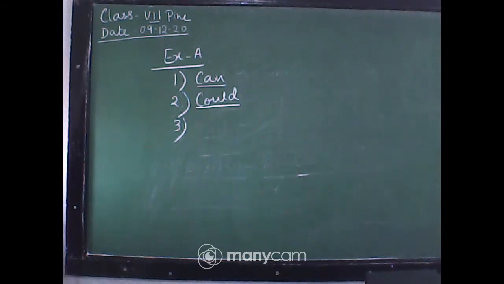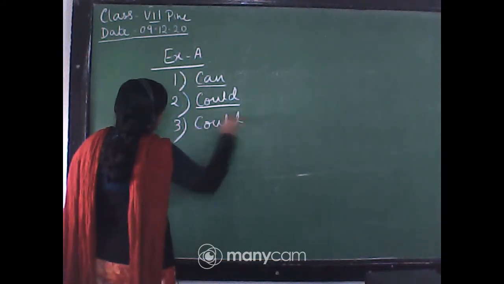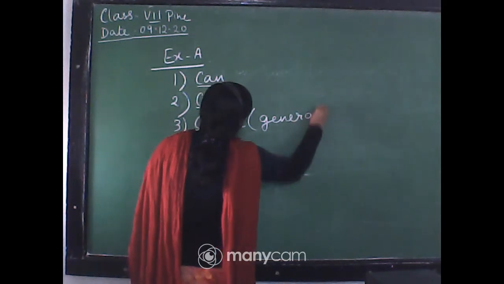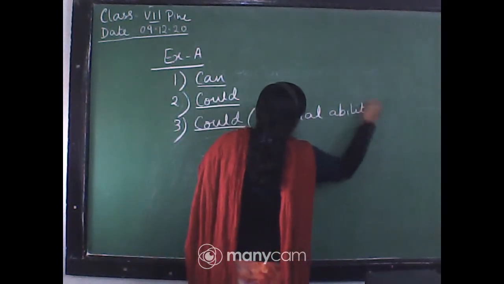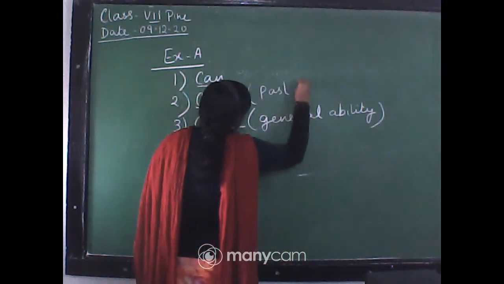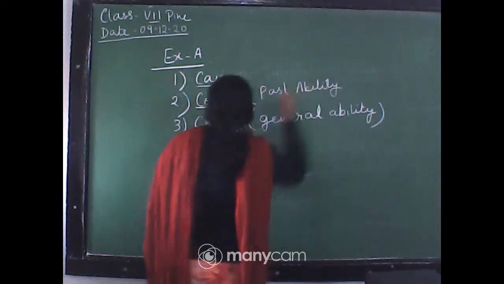So, general ability, whenever we are going to talk about general ability, we can use the word could. Here it is being used to talk about general ability, whereas in question number 2 it talks about a past ability. Understood?